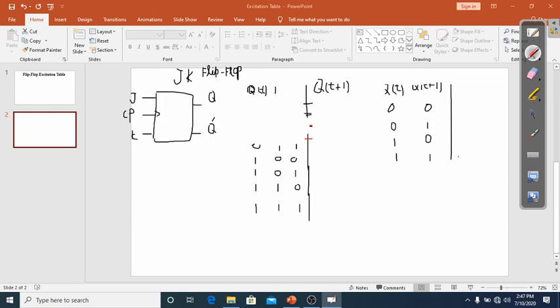So you have two inputs, J and K. Present state is Q of t and next state is Q of t plus 1. Present state is 0. J and K is equal to 0.